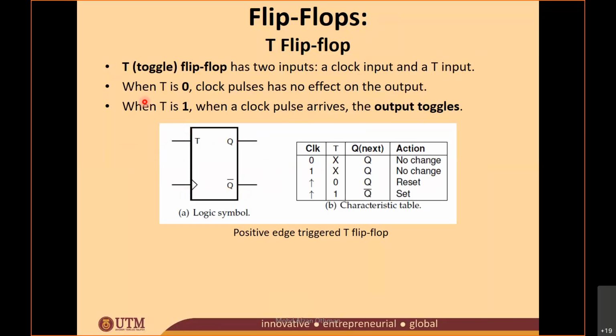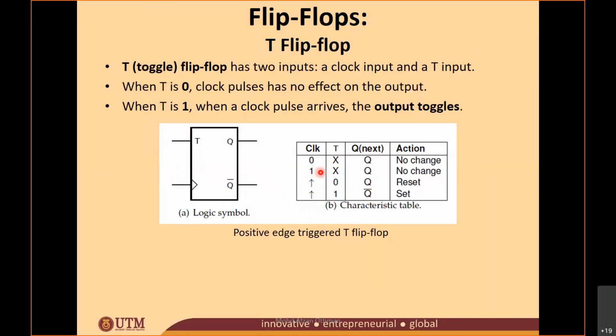Okay, for the T flip-flop, whenever your T equals 0, Q will no change. When T equals 1, Q will toggle. Q will change, every rising edge, because this is a positive edge trigger.